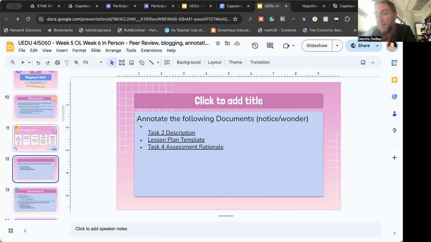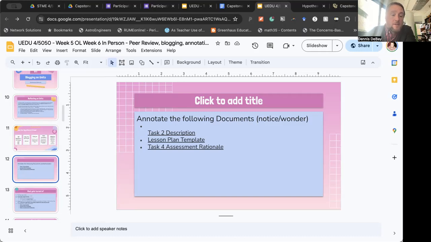I want you to start thinking about students whose work you'd like to analyze, things along those lines. Then there's the lesson planning template we're using. And then I'm going to have you look at our final document as well, the analysis of the assessment, which we call the task for assessment rationale. I want you to annotate that too, so that you have a sense of what it is we're exploring.